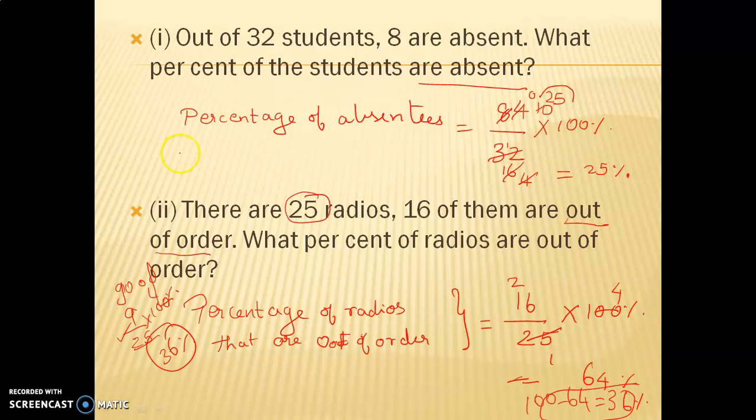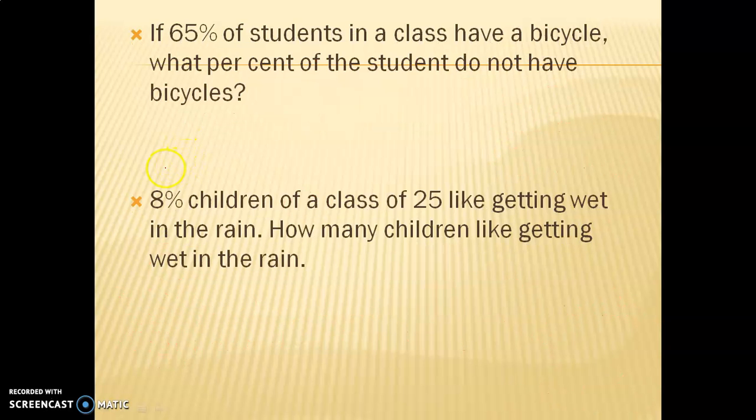Is it clear, children? The next question is, if 65% of the students in a class have a bicycle, what percent of the students do not have a bicycle? So you have to write. If it is a descriptive type question alone, I will be expecting all of you to write all these statements. Otherwise, if it's MCQ, it's easy for you to do.